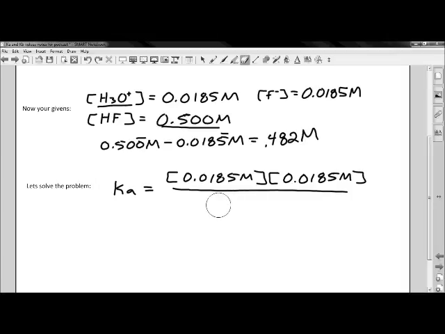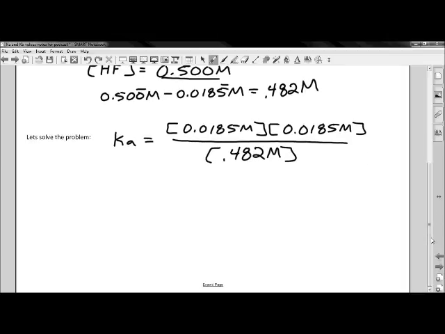Now I'm writing HF, I need to put a number there. Try again, here we go. 0.482 molar. So I'm not going to pull up the calculator, I'm just going to do it on my own. So if you'll please do it with me.